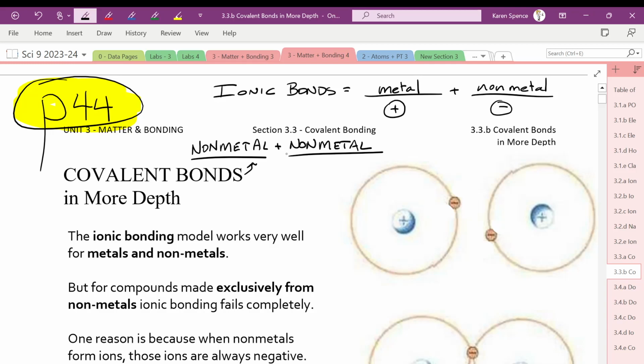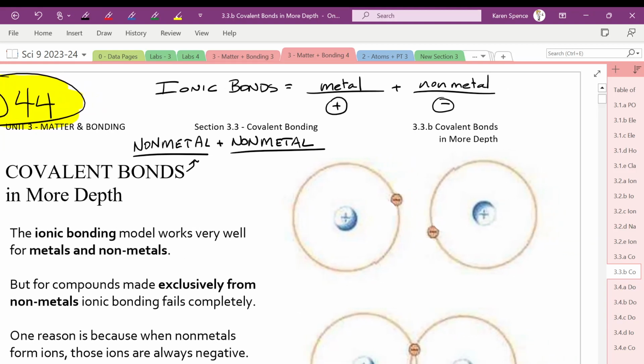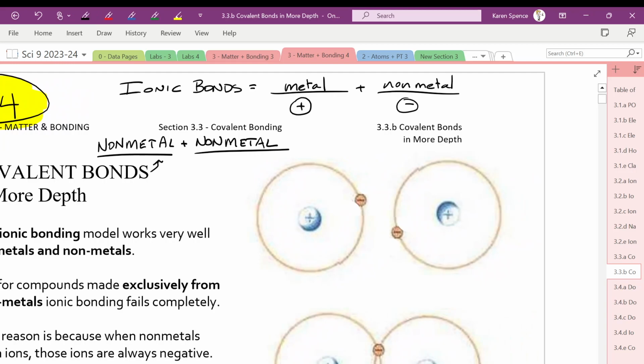So over here on the right, we have a picture of two atoms. And I would like you to see if you can figure out which element those atoms are. Which element are those atoms? Yes.